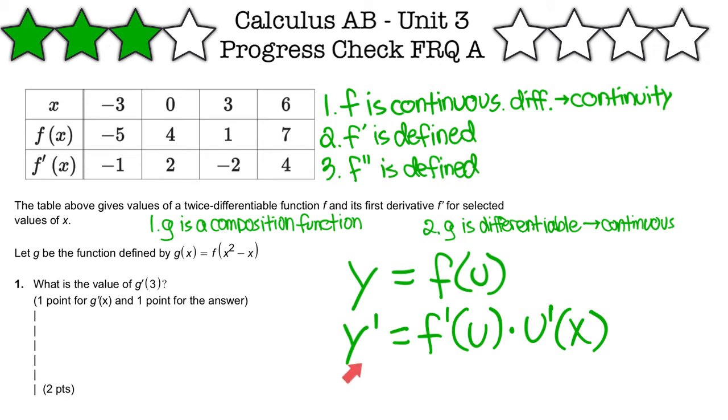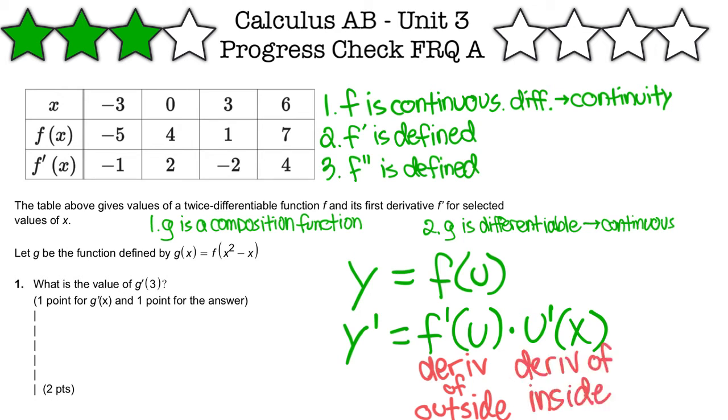So y prime equals f prime of u times u prime of x. That's called the symbolic derivative of y and can be applied to the first part of this question when finding g prime of x. To find the actual answer to this question, you simply plug in 3 everywhere you see an x and then use the table above. You can pause now to try that, or finish the video first.